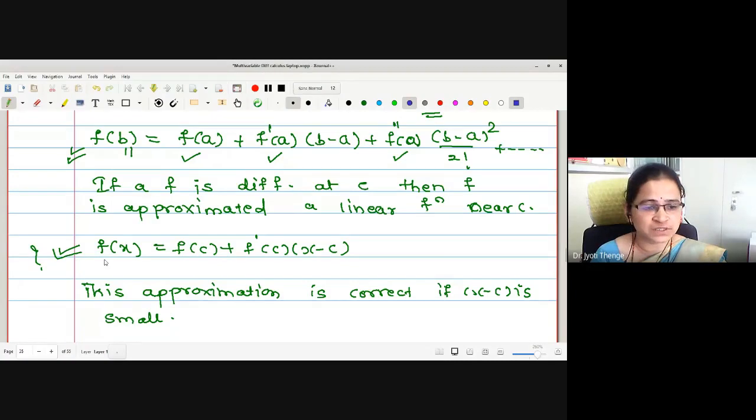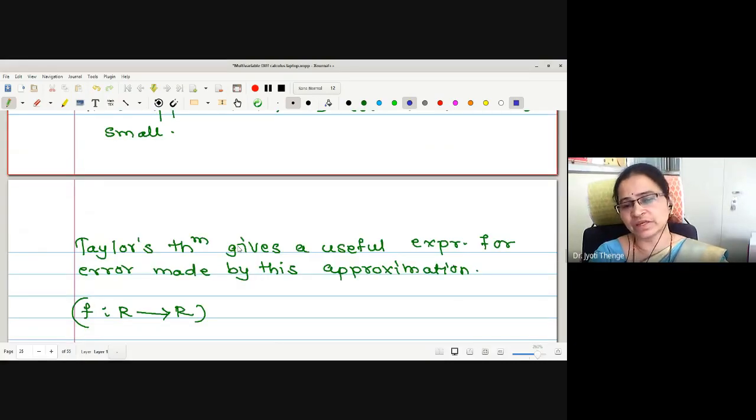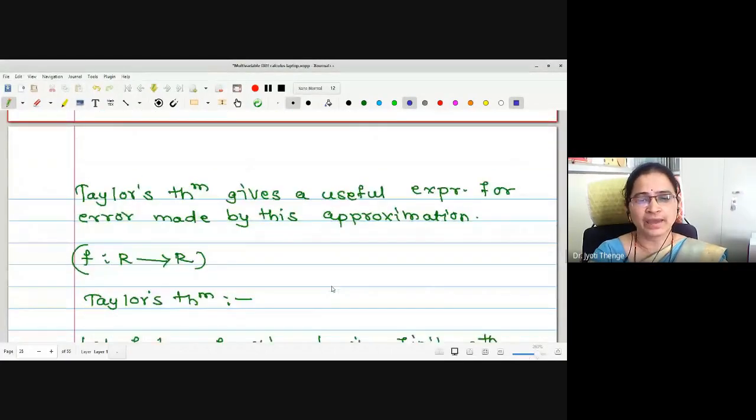This approximation is correct only if x minus c is small. But what will happen if x minus c is not small? This approximation may give us a wrong value. Therefore, this is only an approximate value of the function at the point x. We cannot call this an accurate value.